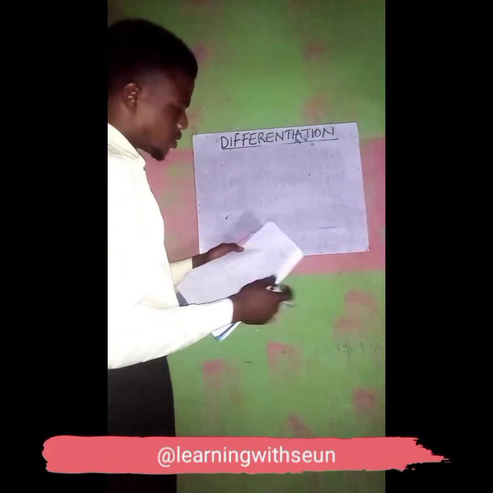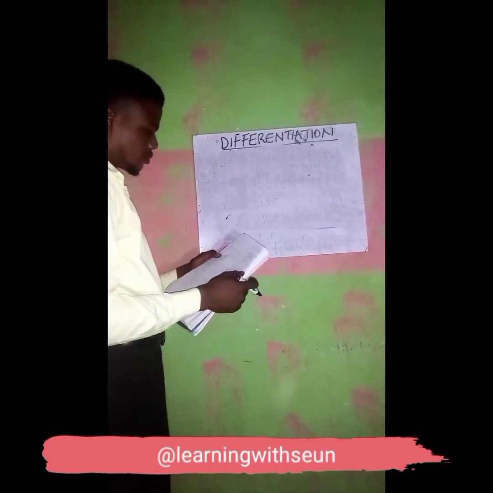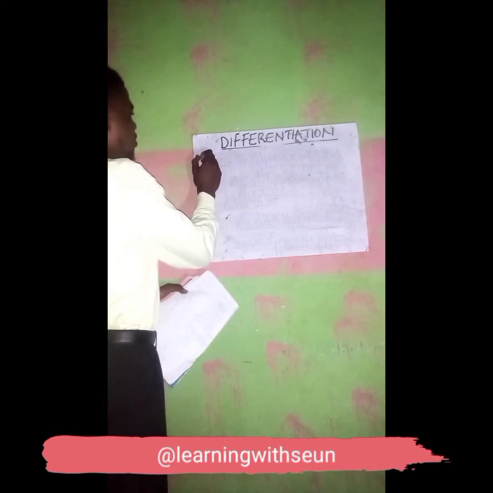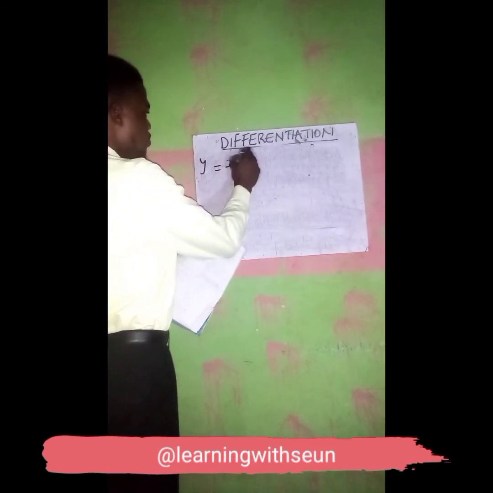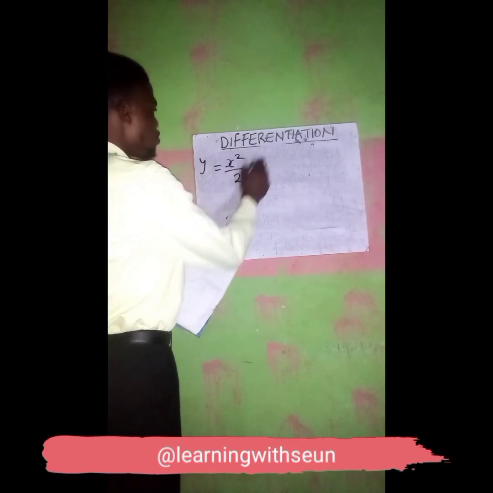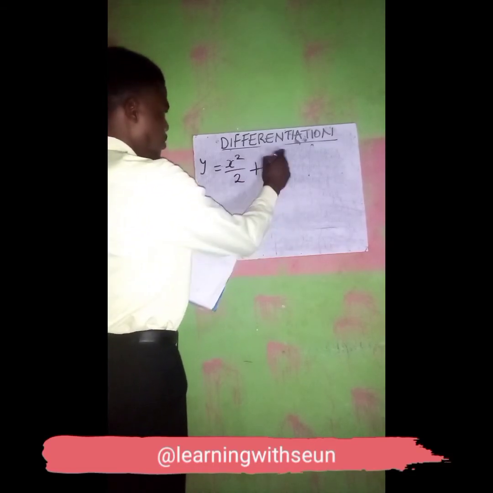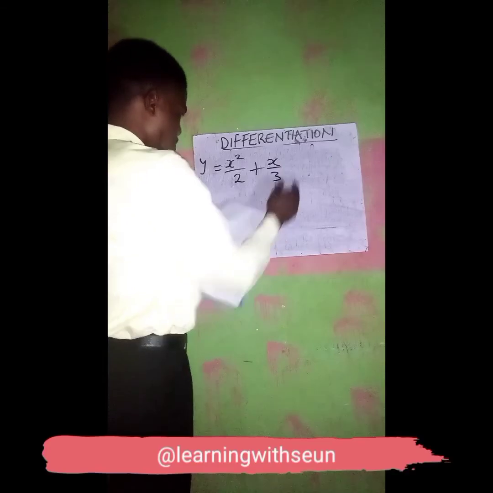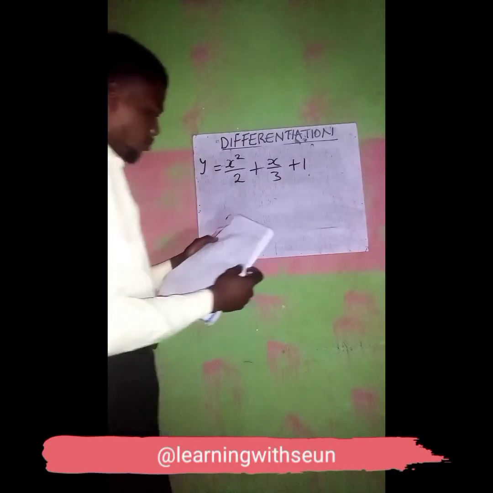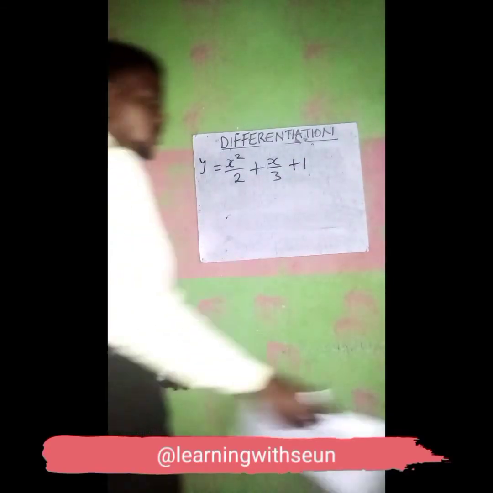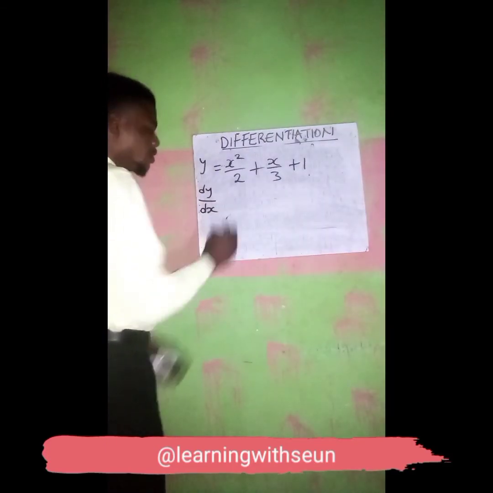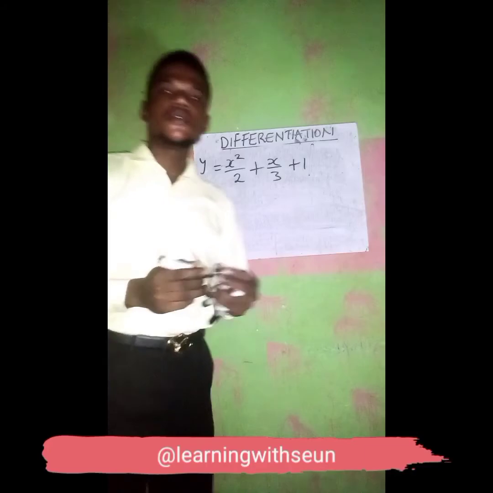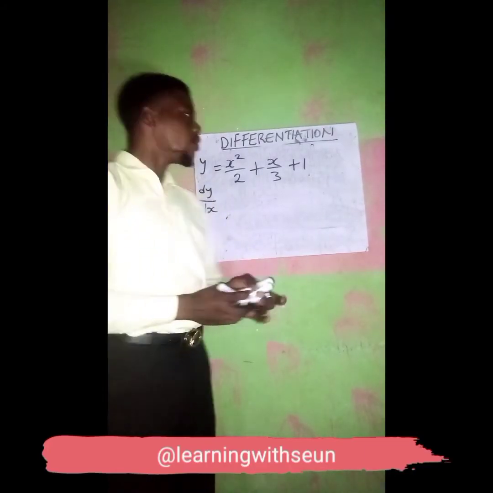So let's say you are given a question like this that says y equal to x squared over 2 plus x over 3 plus 1. Here you have to find dy over dx. Now, merely looking at this is very, very simple. Why?